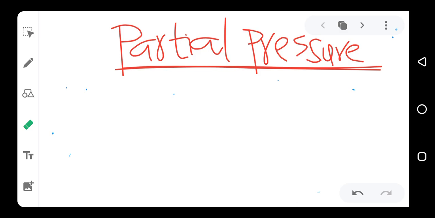So when you are collecting a gas over water, it is possible that you are not collecting only the gas, it is being mixed with water vapor, that is the gaseous form of water. So you are collecting two things, the gas you are looking for and water vapor.